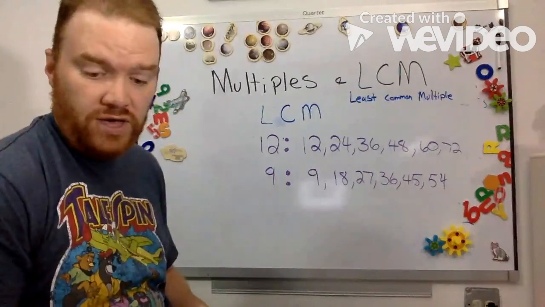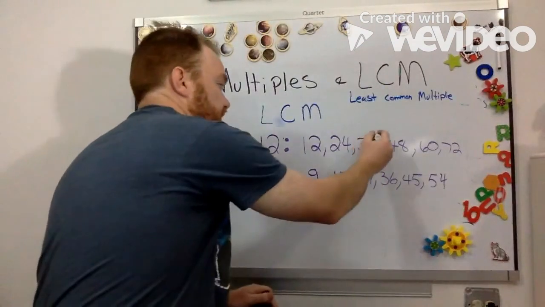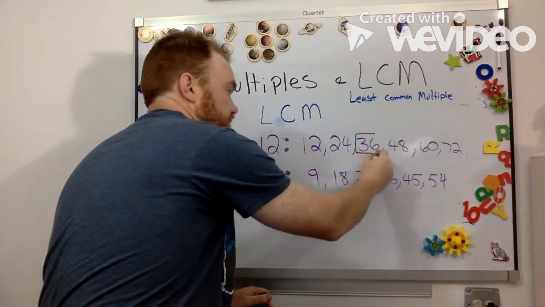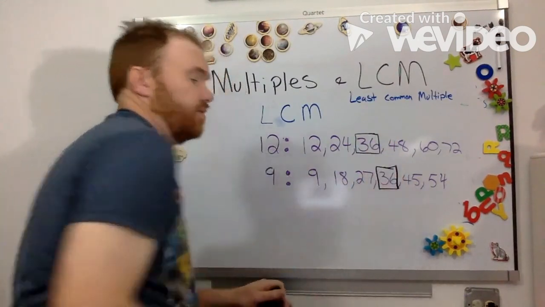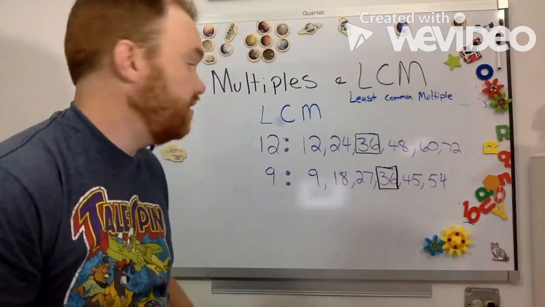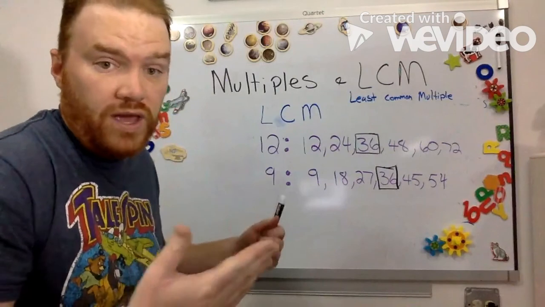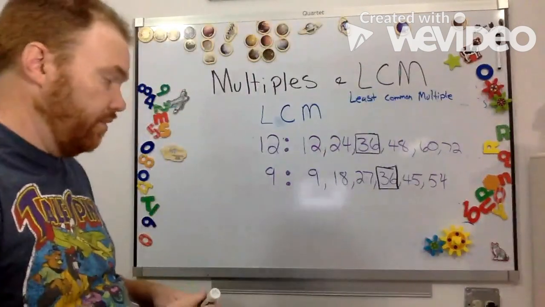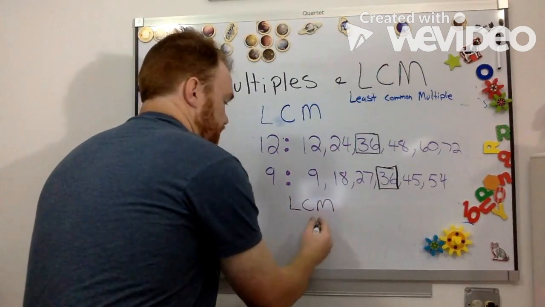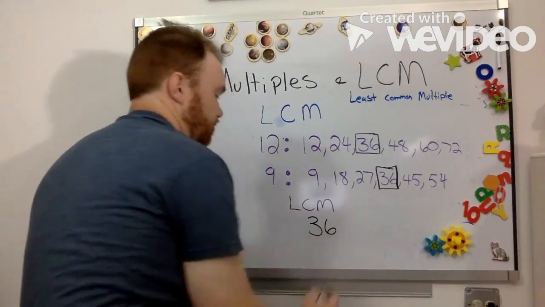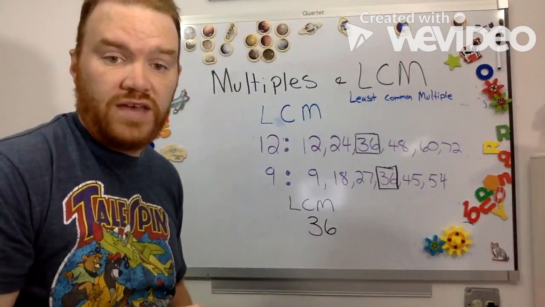Yeah, there sure is. I see that 12 and 9 both have 36 in common. In my lists, that's the only one they have in common, so right away I know that's my least common multiple. The LCM is 36. Hopefully you got that one correct.